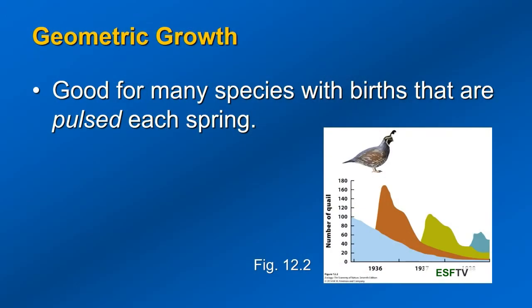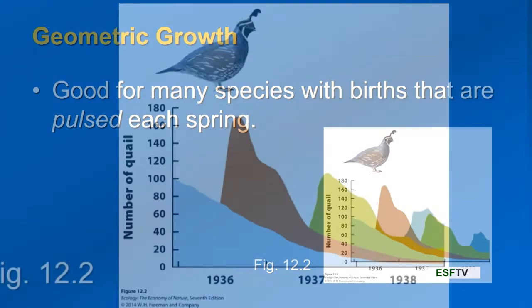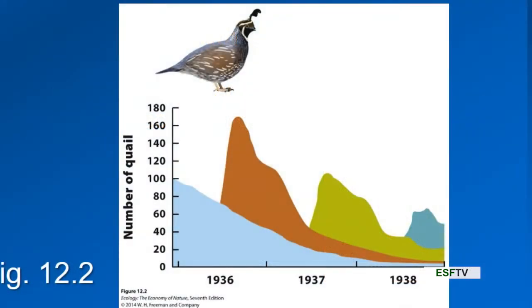We can't do this. But a quail, as the figure shows here in the lower right, has this pulsed reproductive life history. Every spring, eggs are laid, chicks are hatched, and then there's a slow decline of that cohort over time. So they may be present at a later time, but now swamped out by the new cohort.